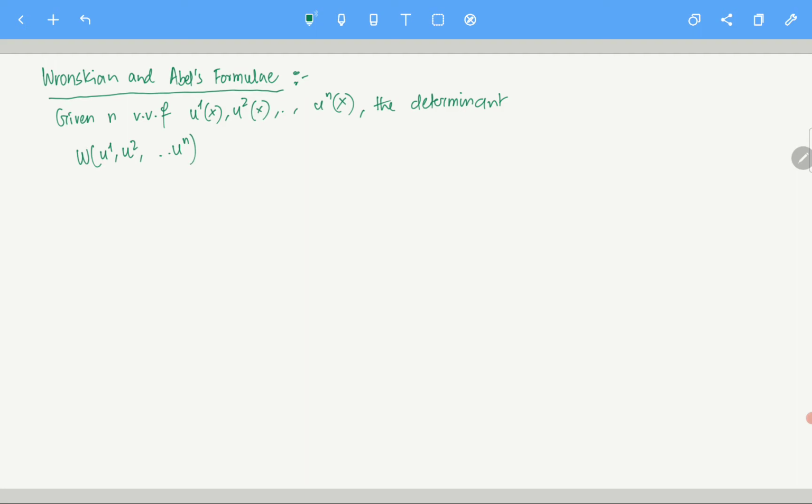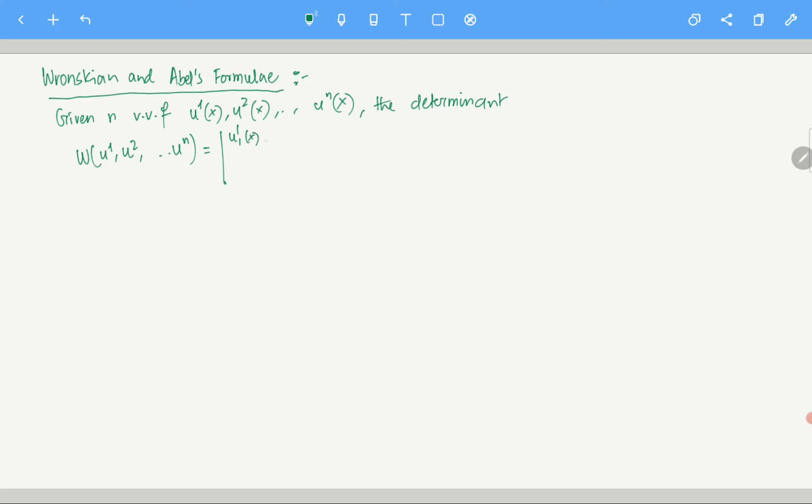So essentially, if you are given n such functions, we want to define the determinant. If you want to write it, it is just u1 and the components of u1 in a column. Of course, these are all functions of x.